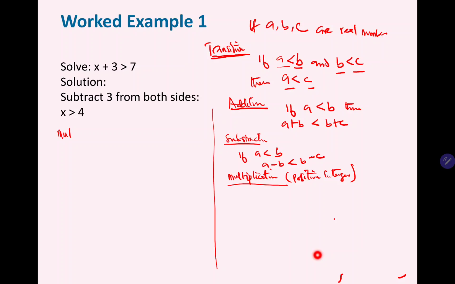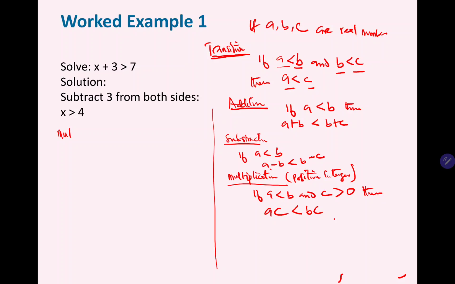So we say here, if A is less than B and C is greater than 0, then A multiplied by C is less than B multiplied by C. What I'm trying to say is, as far as C is greater than 0, so if A is less than B and C is greater than 0, then A times C must be less than B times C.